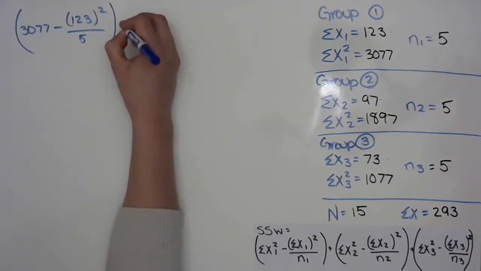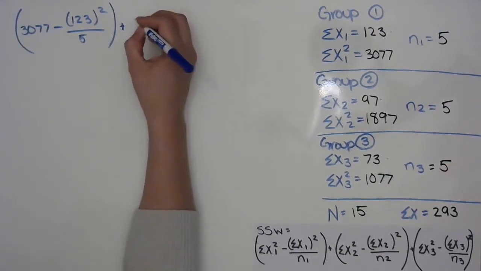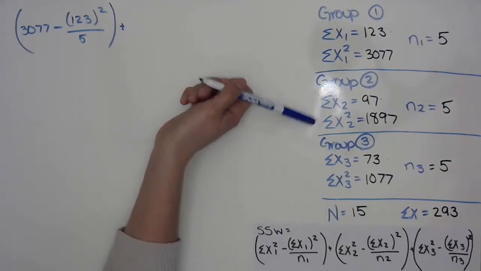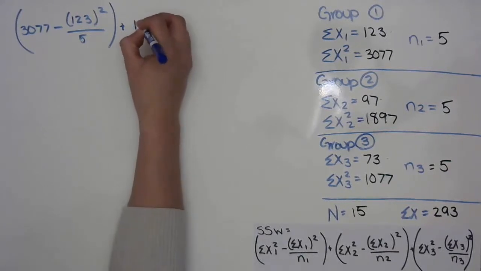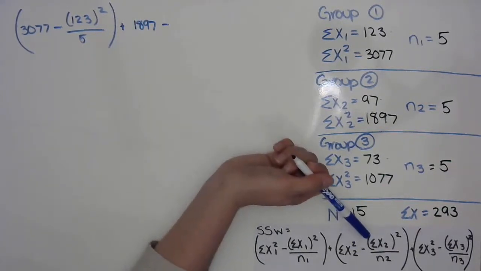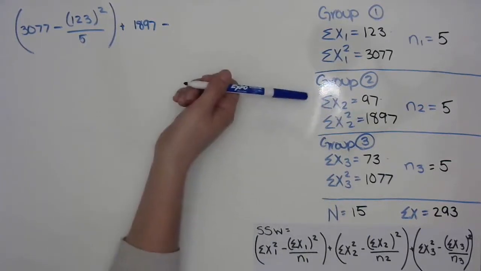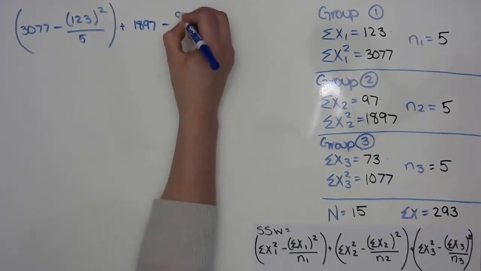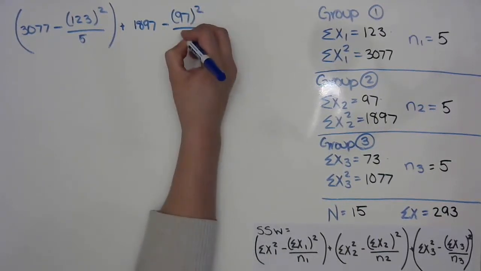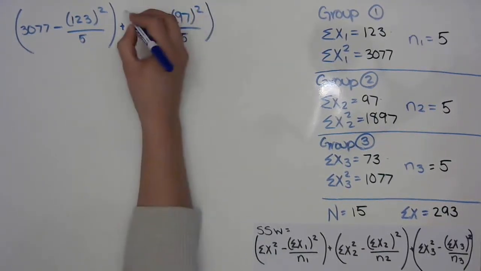Then we are going to add that to the sum of raw scores squared for group 2, which is this value here. So we have 1897 minus the sum of the raw scores for group 2, 97, and that's squared, going over our n value of 5.